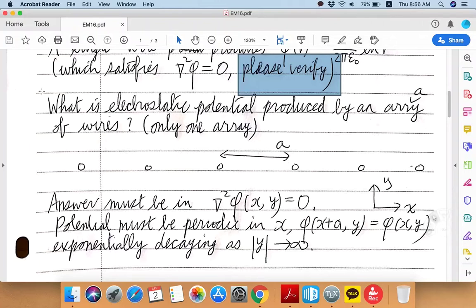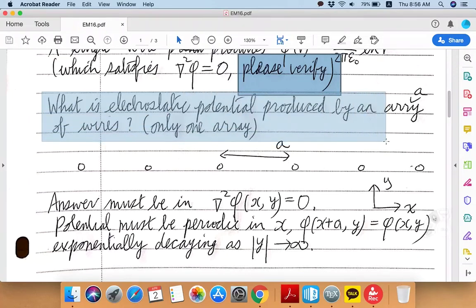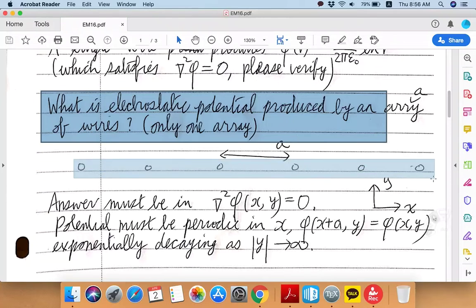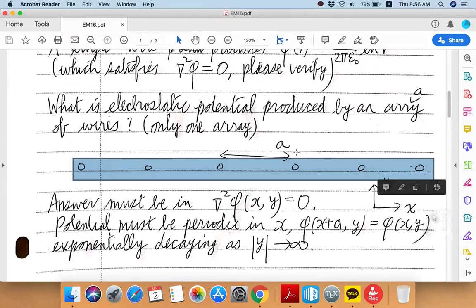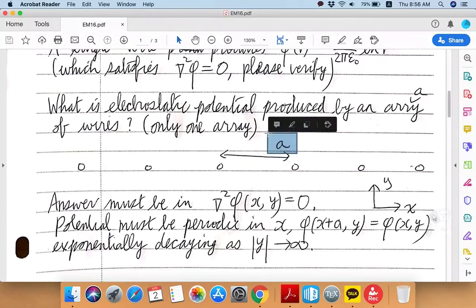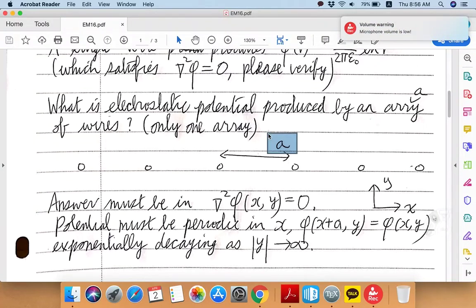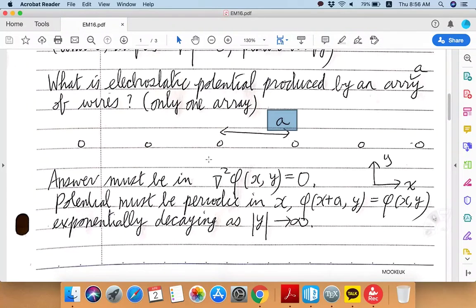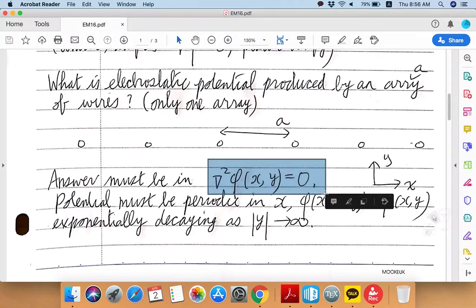Okay, so now we move away from that simple solution and ask, what is the potential produced by an infinite array of wires with a separation a between the adjacent wires? Well, the answer must still obey the Laplace equation.